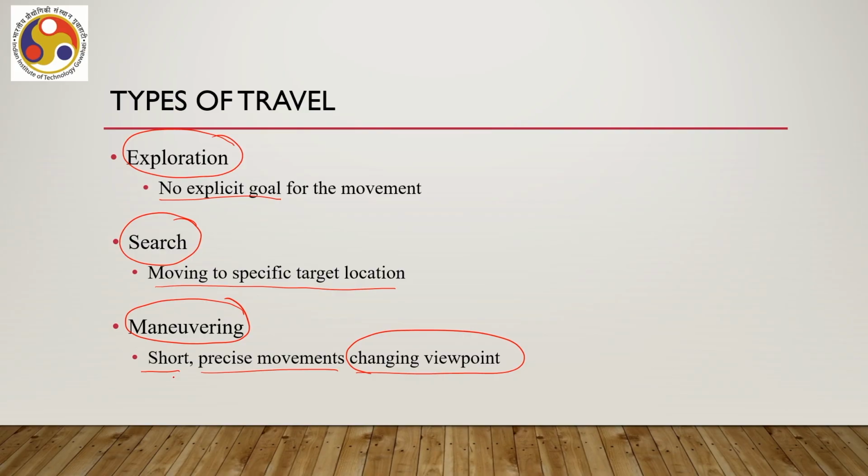That means a path is broken down into small segments, and we perform travel between each segment, so that at the end we reach the destination. So, this type of movement where the overall movement comprises short, precise, smaller movements, that is called maneuvering. So, we can have different ways to travel from one point to another.